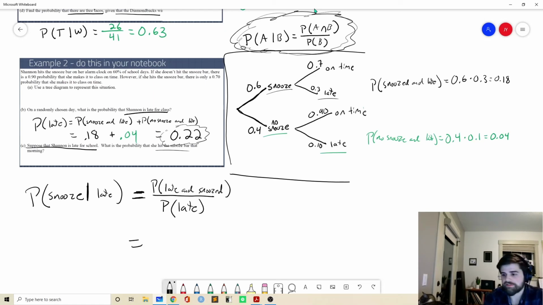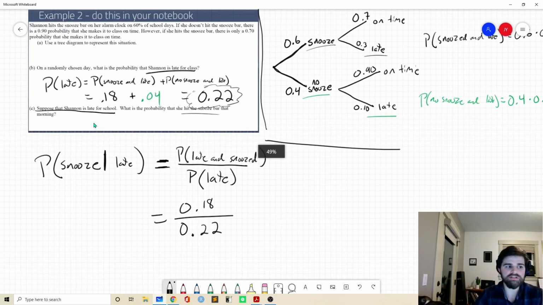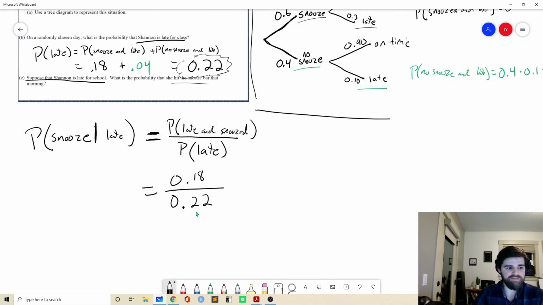We already found the probability of being late and snoozing. All right, we found that right here. That was 18%, 0.18. And probability of being late, we found that as well. That was 0.22. So of all those days that she's late, supposing that she's late for school, we've seen that 0.18 out of the 0.22 total, she hit that snooze button, and that's probably what caused her to be late.